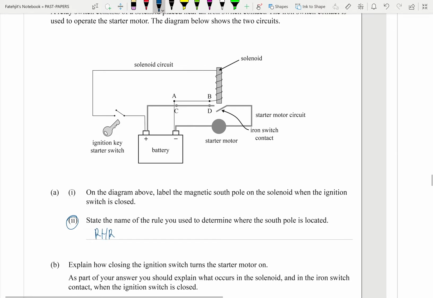You could also use the rule that current flows north to south, which is the one I'll use. But you should probably stick with the right hand rule, to be honest. So if that is plus, we'll go this way, so that'll be north, and obviously that'll be south. We'll just write that in a better way.